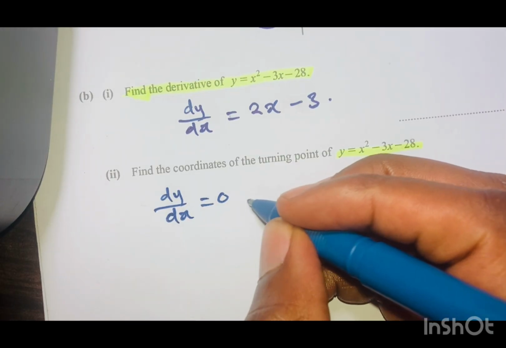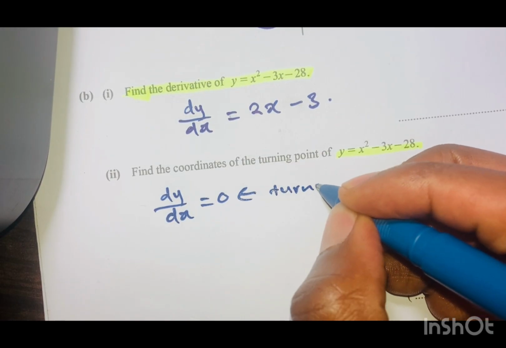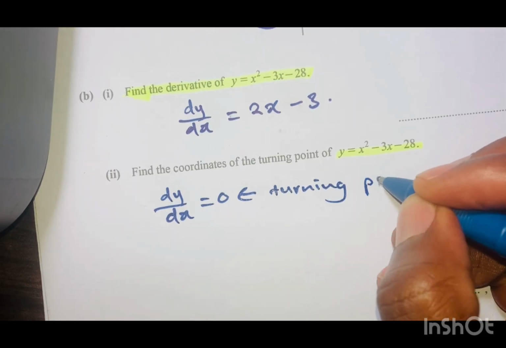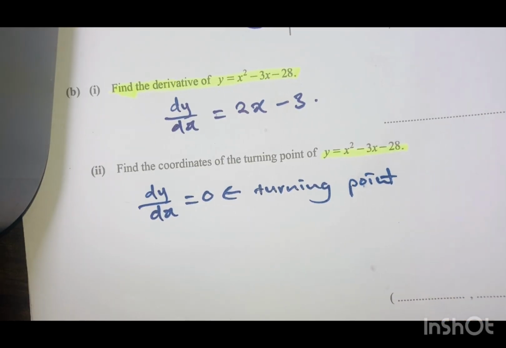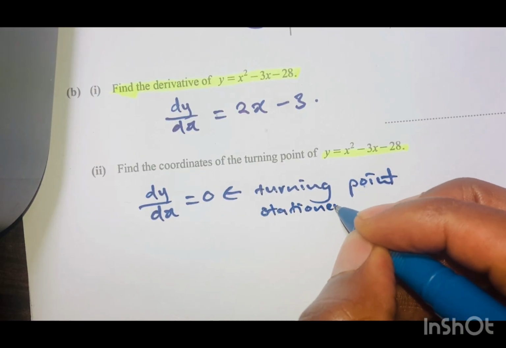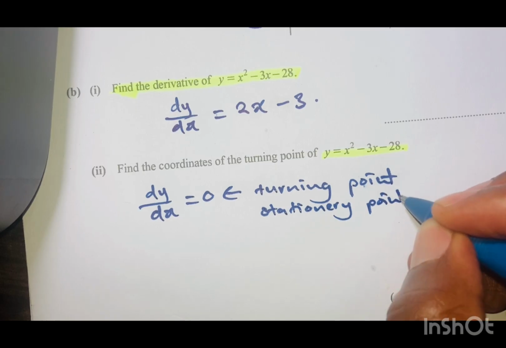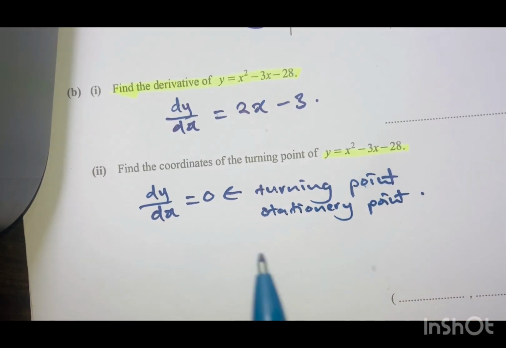That's where we find the turning point, or what we call the stationary point. Okay, all right, that's fine. So dy/dx equals 0.